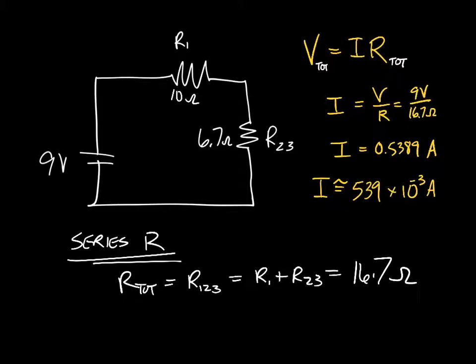So this is really just 0.5389 times 10 to the 3 times 10 to the minus 3, so that boils down into the 539, just keeping everything balanced. And so that means my current is essentially what we would call 539 milliamps, because 10 to the minus 3 is a milli, 1/1000.